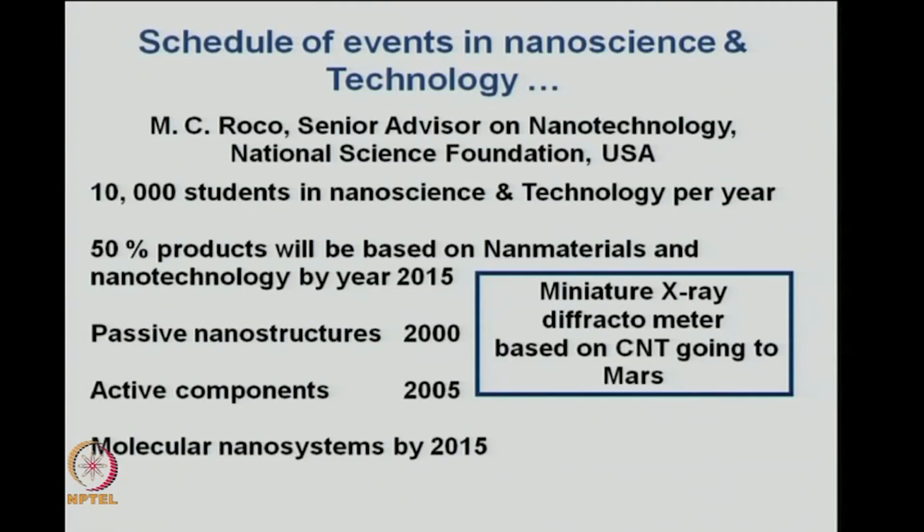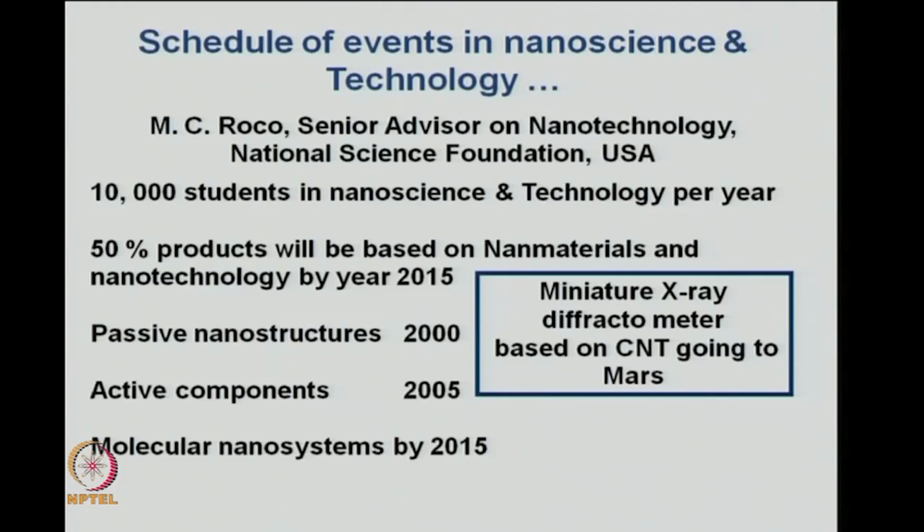on nanostructured materials. So, the senior advisor on nanotechnology of the National Science Foundation, in his lecture in 2005-2006, commented that we would be needing around 10,000 students in nanoscience and technology per year, and 50% of the products will be based on nanoscience and nanotechnology by the year 2015.